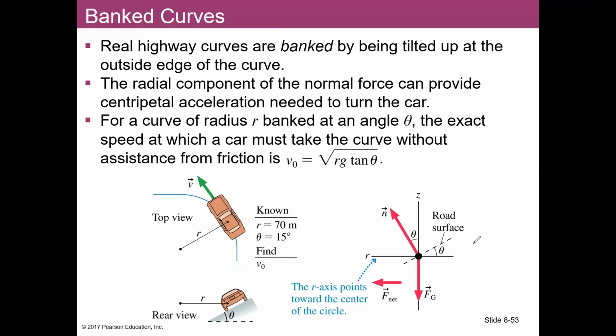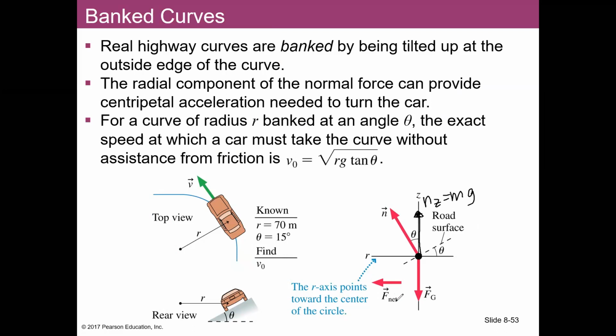So going to this free body diagram right here, we have this vector N. If I draw an arrow straight up, that's vector N sub z. That is the thing that equals gravity. So N sub z equals gravity. N sub r now is the vector that provides the centripetal acceleration.